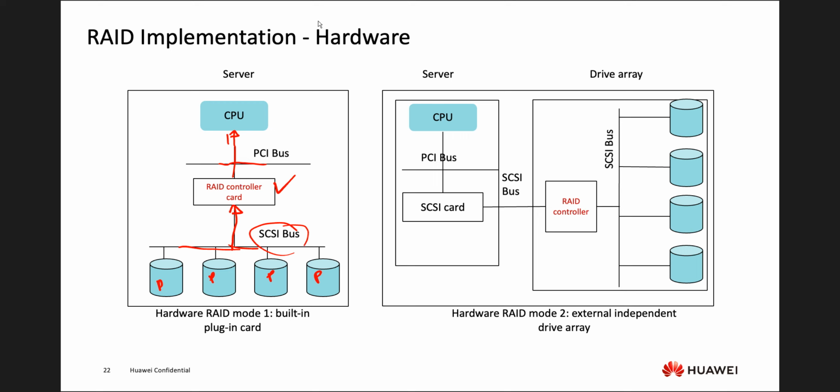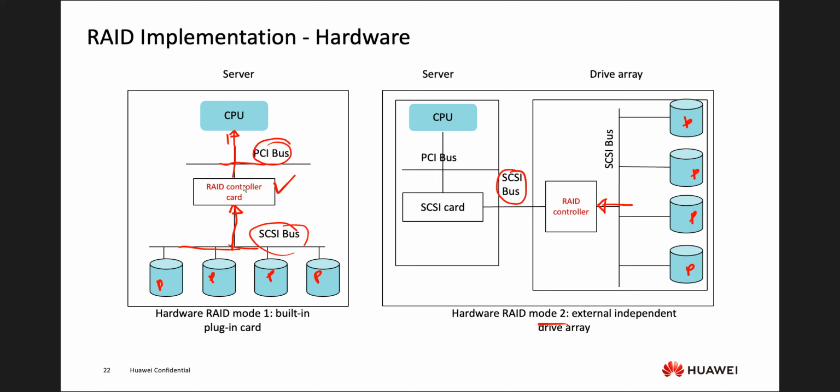When you look at the other example, the second one here, you now have an independent drive array. What it means is that your drives are still there. There are your physical drives. You still have the communication from the bus to the controller, but now it's different. Here you had the SCSI bus and the PCI bus, so you had two buses to operate through to get to the next phase.